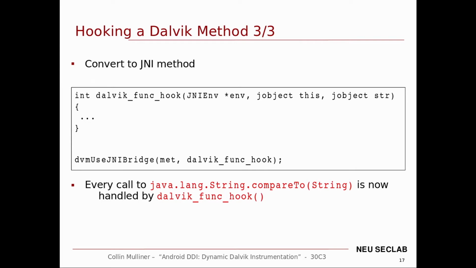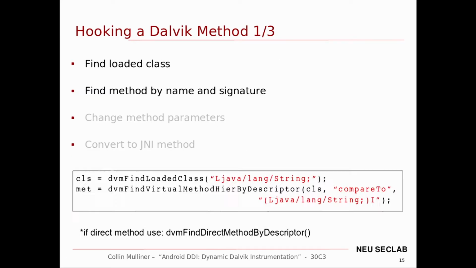And then you have your piece of code, which is a replacement function. This is the function to replace the compareTo function. You see the JNI environment, the reference to the object, and the parameter, the string object. And then of course you use the JNI bridge.